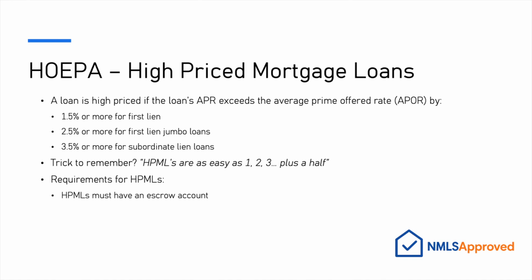So here's the trick that I use to remember it. HPMLs are as easy as 1, 2, 3 plus a half. And what you need to know about HPMLs is that they have to have an escrow account established with them. So the bar for high cost is significantly higher than it is for high price. But if a loan is high price, it does need to have an escrow account. That means that the servicer will take care of paying the property taxes and homeowners insurance on an HPML. Okay.